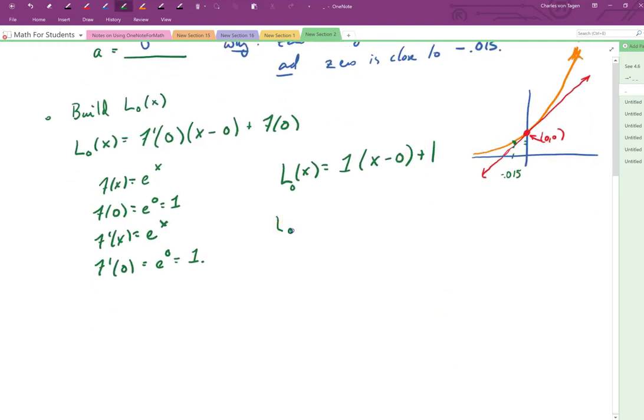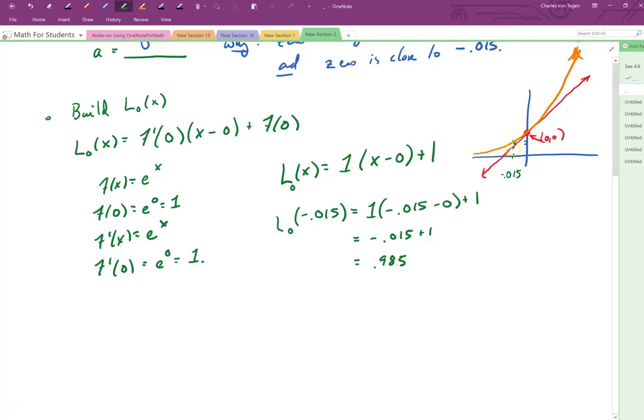Okay, so we get that L0 of negative 0.015 is equal to 1 times negative 0.015 minus 0 plus 1, which is negative 0.015 plus 1, which is 0.985.